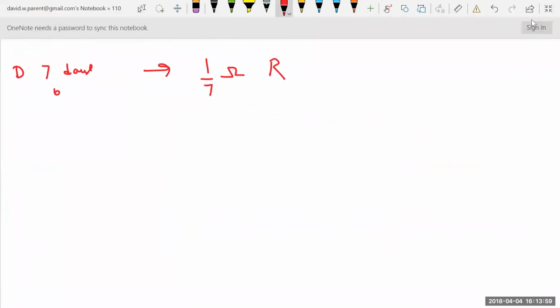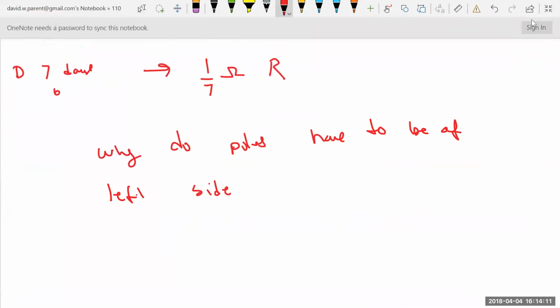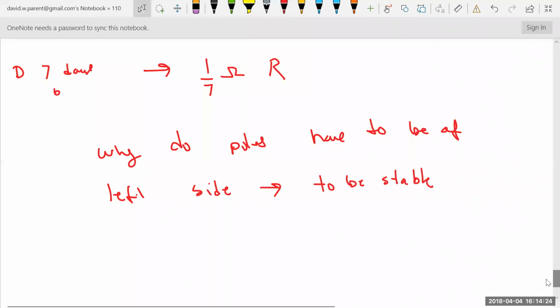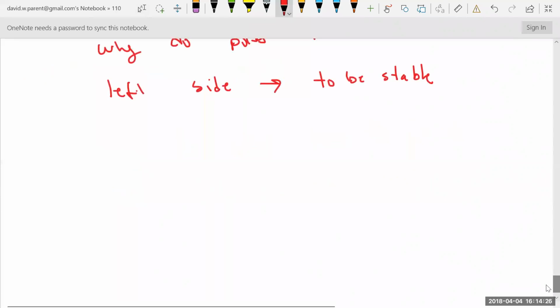Okay. So why do poles have to be on the left side? Well, they don't actually, but to be stable, they do. Okay. And let's just take this.